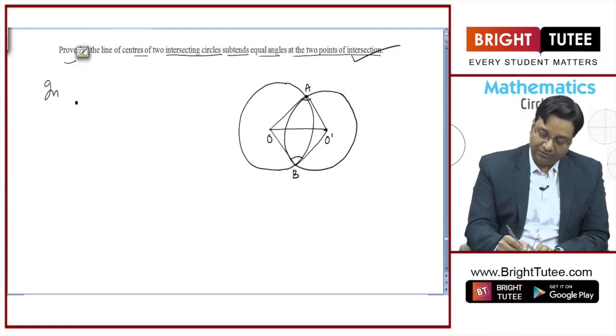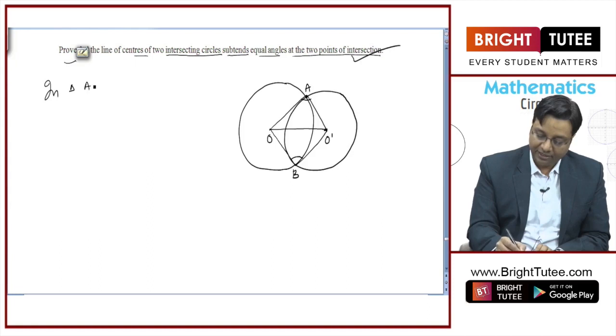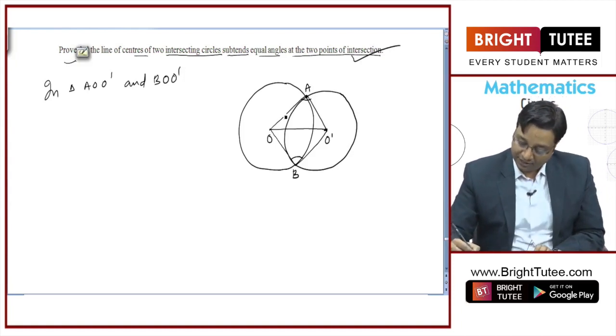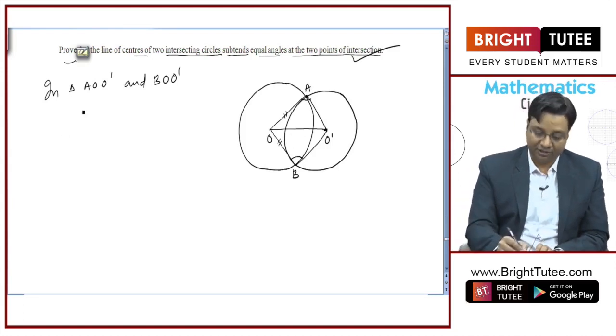So if you observe these two triangles, triangle AOO dash and BOO dash, you will observe that OA is equal to OB because these are radii of the same circle.